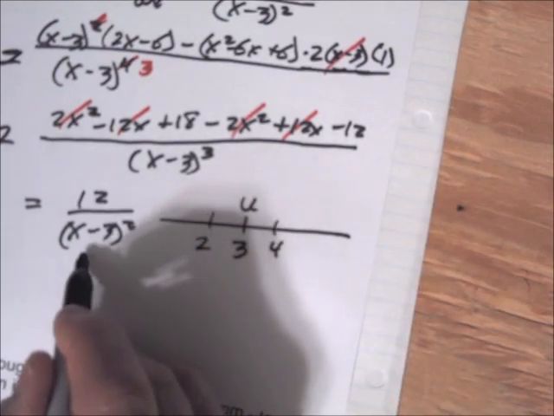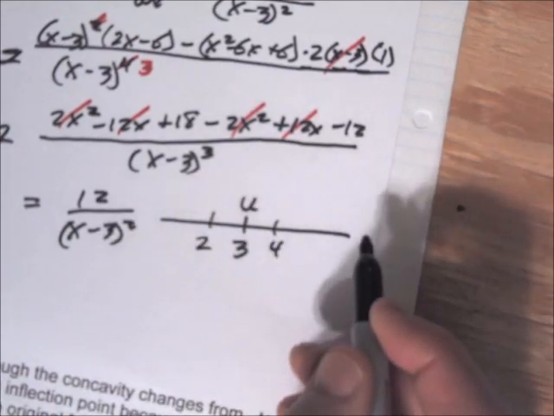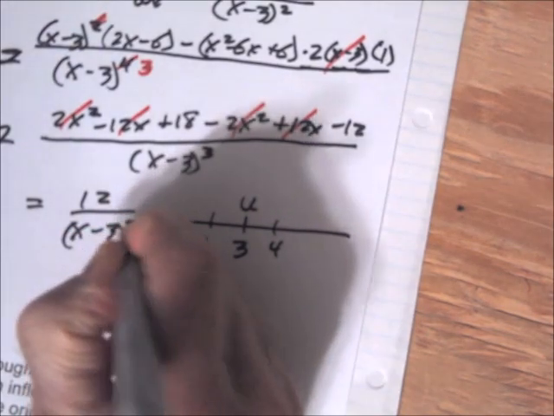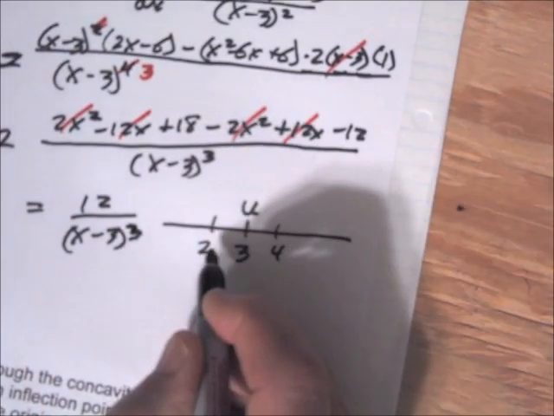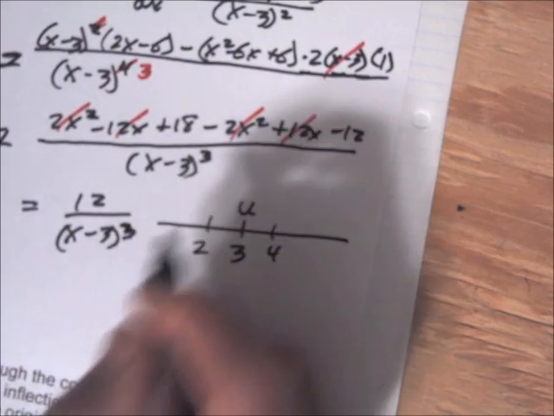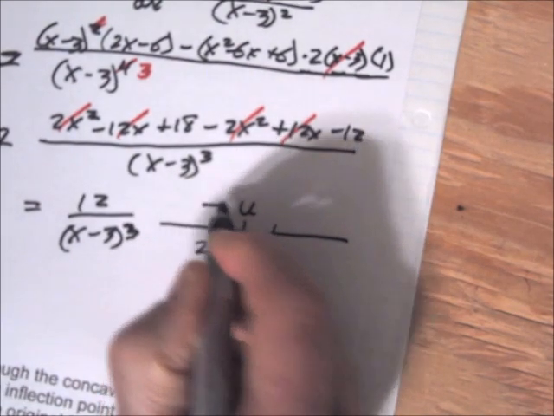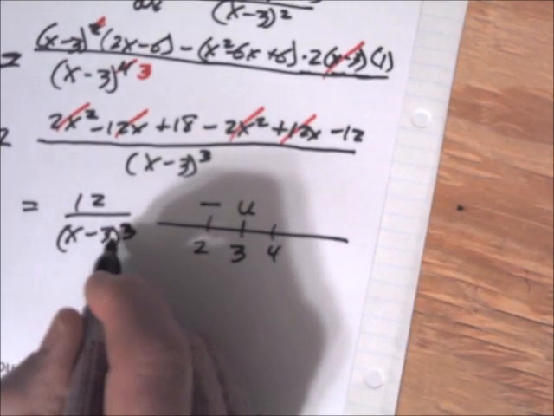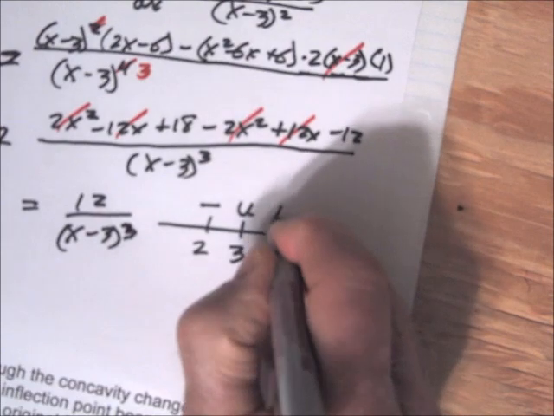Oh, this is cubed. If we put in 2, we're going to have a negative 1 cubed on the bottom, and that's going to be negative. If we put in 4, we'll have 4 minus 3 is 1, and we'll have a positive 1 cubed on the bottom. That'll be positive.